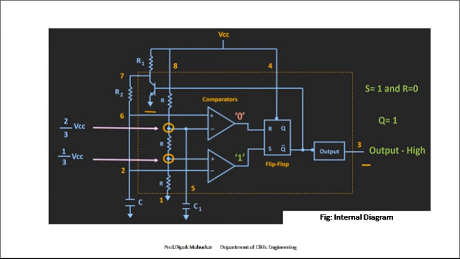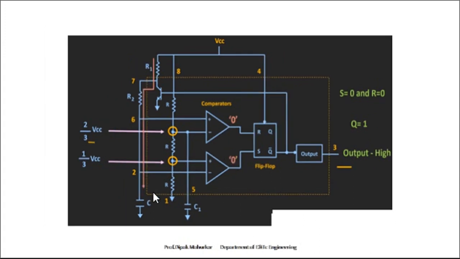Now what will happen? The capacitor will start charging gradually through resistors R1 and R2. The capacitor gradually charges, and its voltage rises above the point of 1 by 3 VCC.